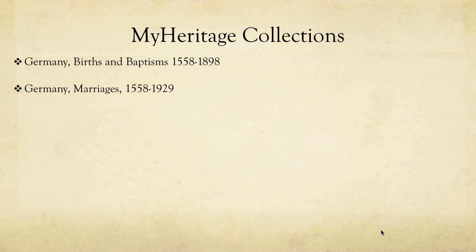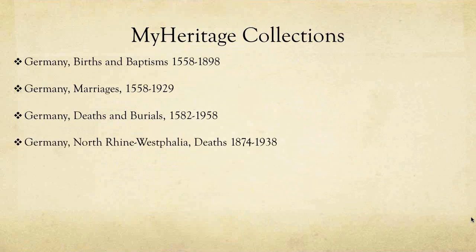Germany Marriages, 1558 to 1929 is also a good collection to use, as is the deaths and burials, of course, for our death records. And then I myself found a number of records in this collection, North Rhine-Westphalia, Deaths, 1874 to 1938. That was a big gold mine for me.